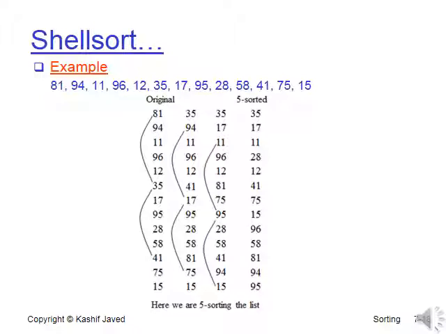Finally, we look at 11, 95, and 15 and swap the values such that we have 11, 15, and 95 in the array slots. Once finished, we will have the fifth increment or gap sorted array as 35, 17, 11, 28, 12, 41, 75, 15, 96, 58, 81, 94, and 95.